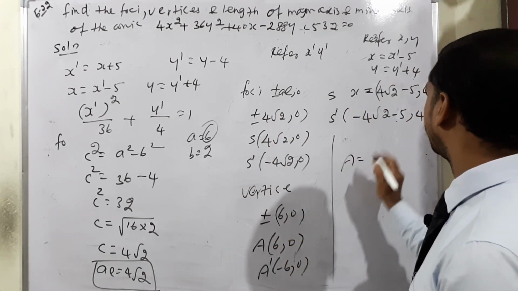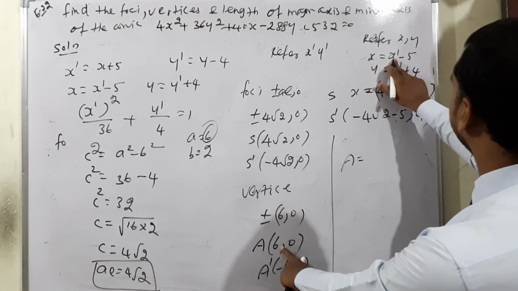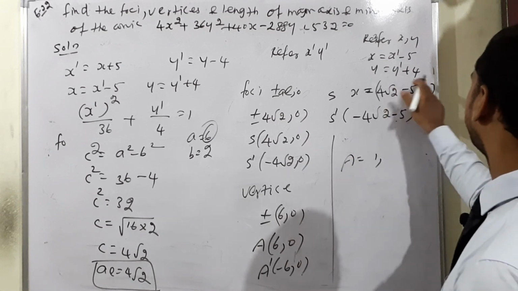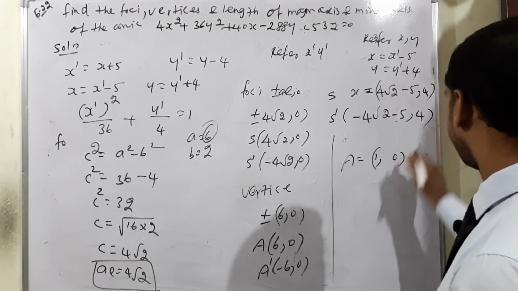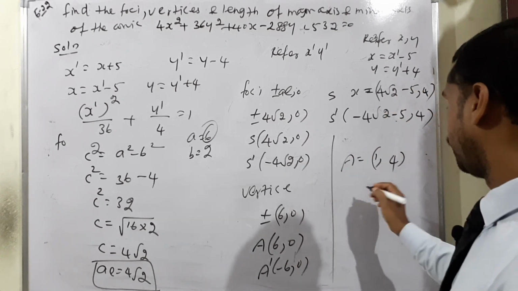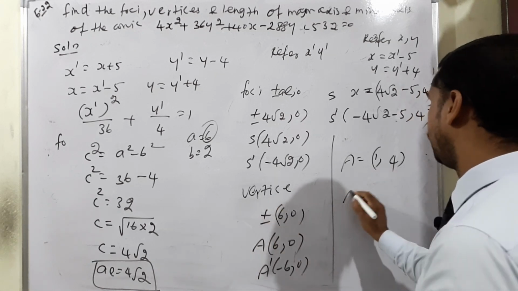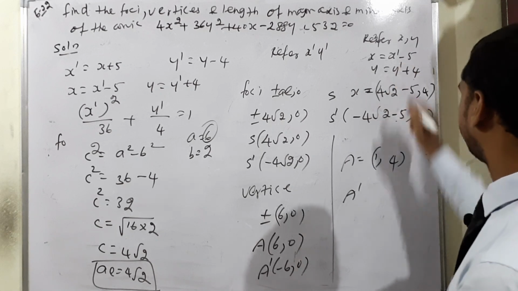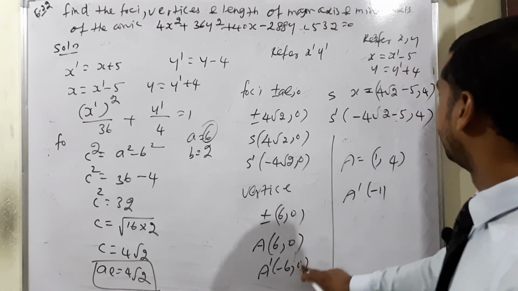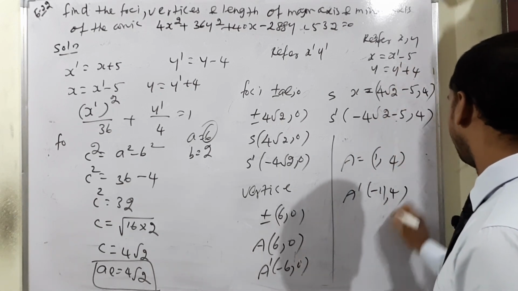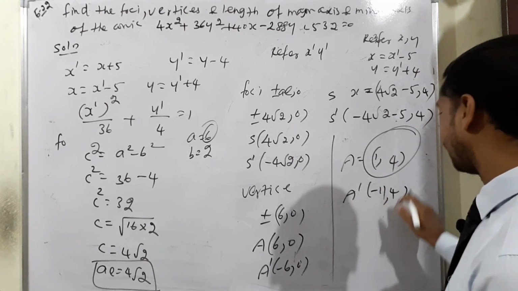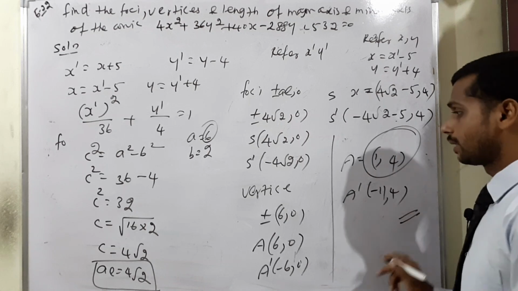Therefore for A, x dash is 6, so 6 minus 5 is equal to 1, and y is 0 plus 4, which is 4. So A is 1 comma 4. Then for A dash, minus 6 minus 5 is minus 11, and 0 plus 4 is 4. So A is 1 comma 4, and A dash is minus 11 comma 4. This is the answer for vertices.